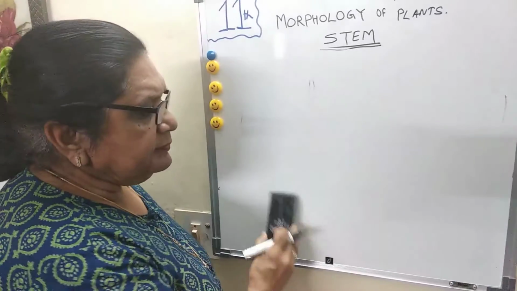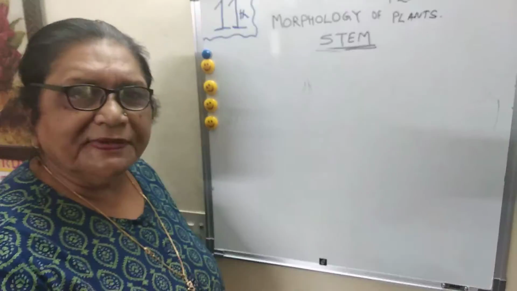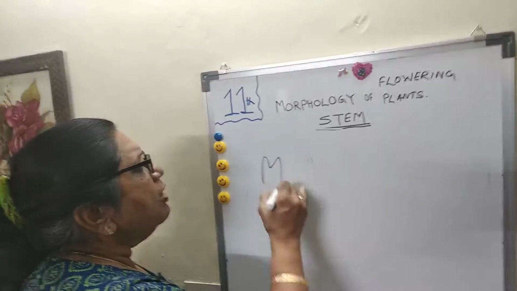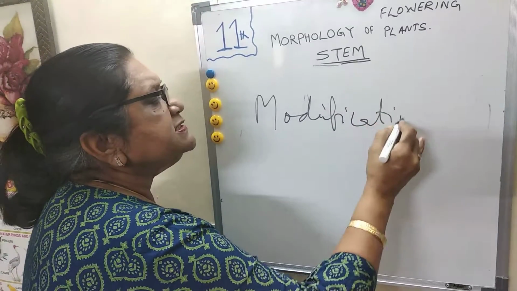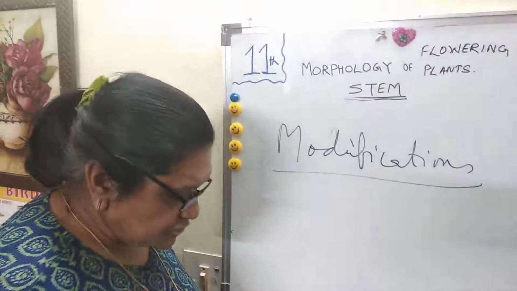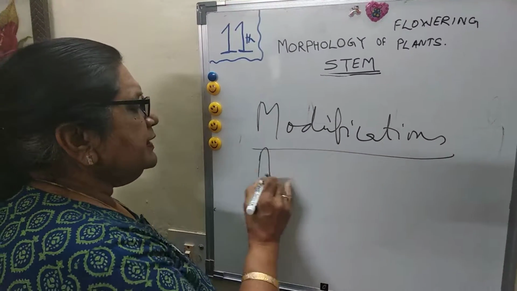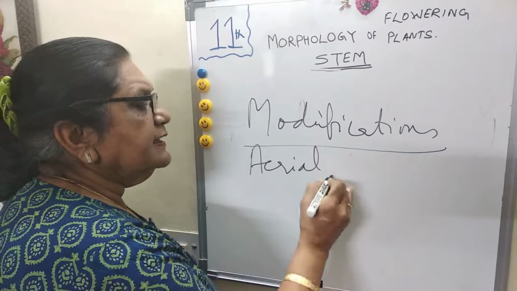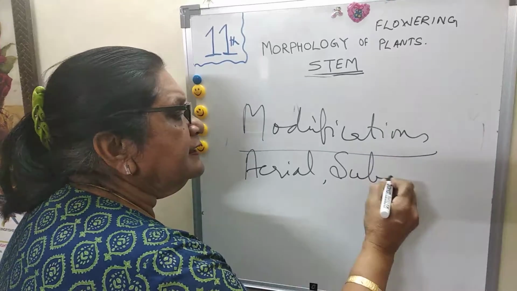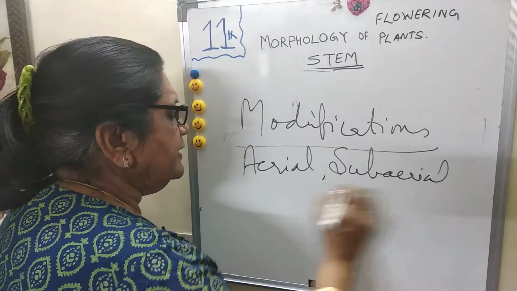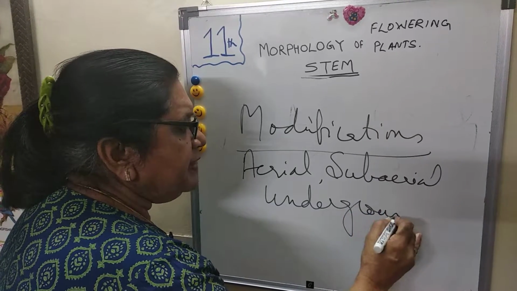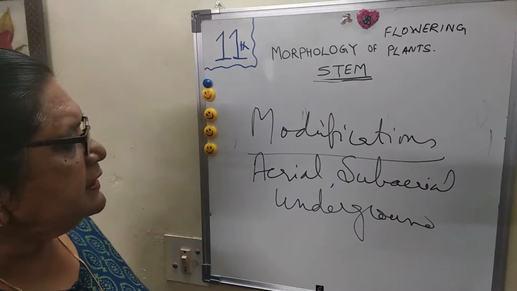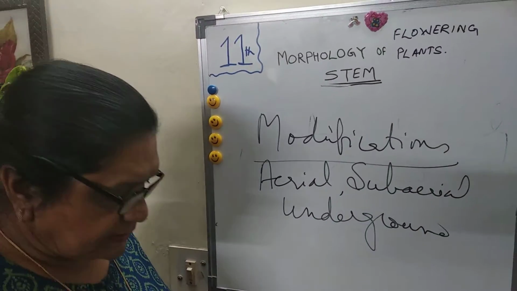Then the stem can be present in various forms, or you can say various modifications of the stem in angiosperms. The stem may be aerial, subaerial or underground.